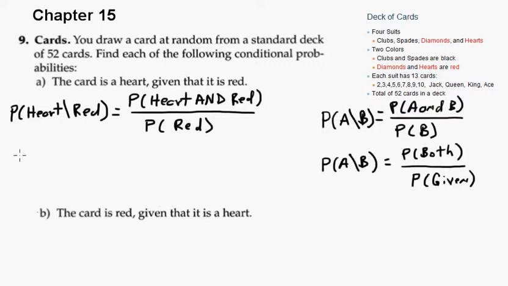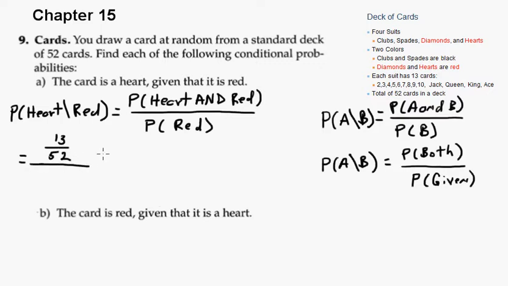The probability of a heart and red: if it's red there are 26, but if it's a heart there are 13. So there are 13 out of 52 on top.